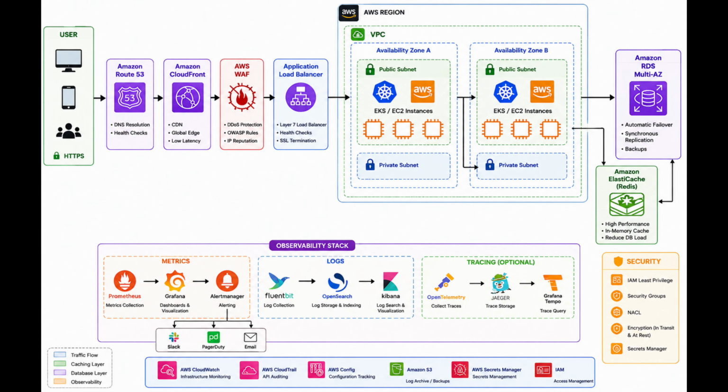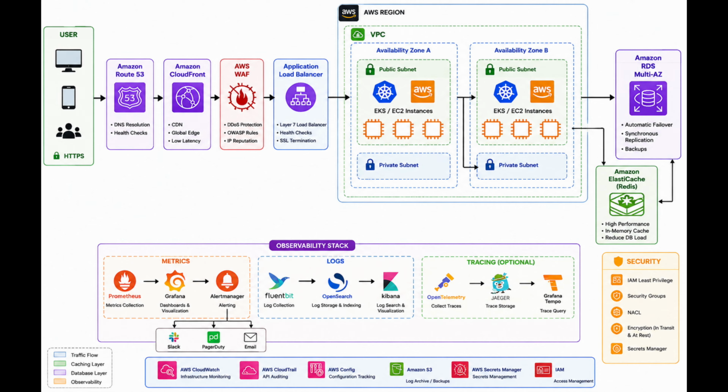To get Redis services in AWS, we have something called ElastiCache. So Redis deployed through Amazon ElastiCache is going to act as a high-speed in-memory caching layer, which is going to reduce the database load, improve API response times, and it can also absorb traffic spikes during peak demand. Okay, so this is how you can answer this question.